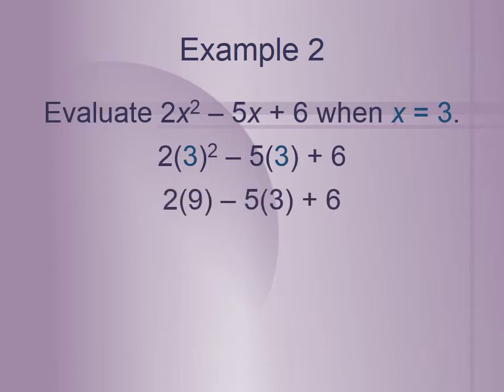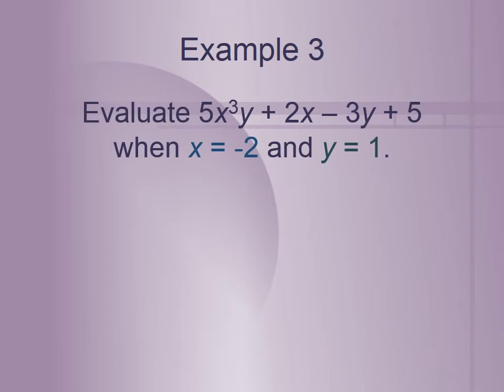Order of operations says we deal with exponents first. So 3 squared is 9. Then we deal with multiplication. So 2 times 9 is 18, and 5 times 3 is 15. Then we do addition and subtraction from left to right. So we'll do 18 minus 15 first, which is 3, and then 3 plus 6 is 9.